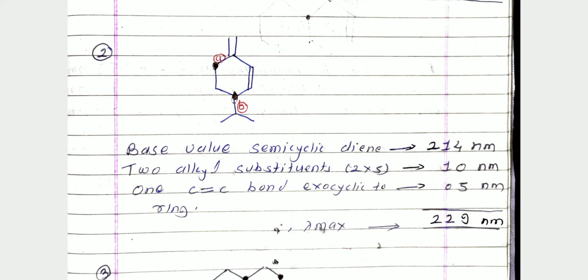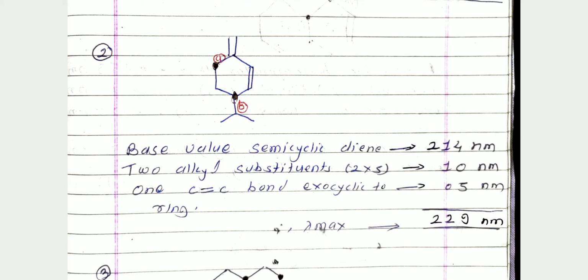Then you see the structure: 1 double bond is attached to the ring but outside the ring. This type of double bond is called the exocyclic double bond, and the value of this exocyclic double bond is 5 nanometer.